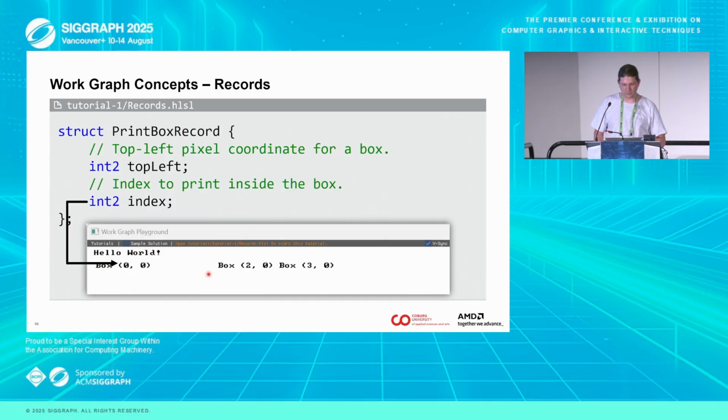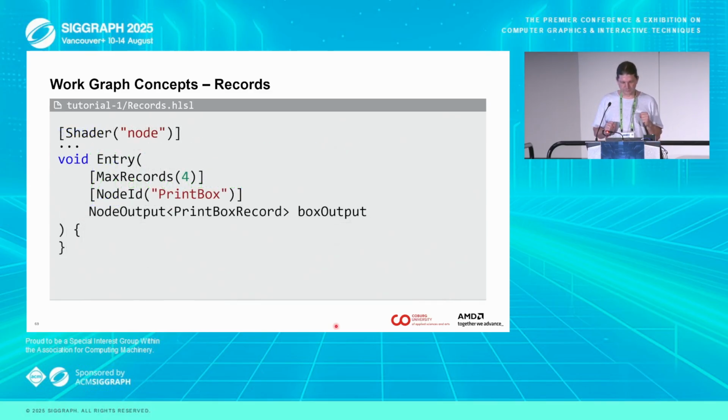Here it's 0, 0, here it's 2, 0, and 3, 0. And we're going to encode this data from the entry node, and the entry node will send out these work items, the node outputs. And now I'm going to explain how this is working in work graphs.